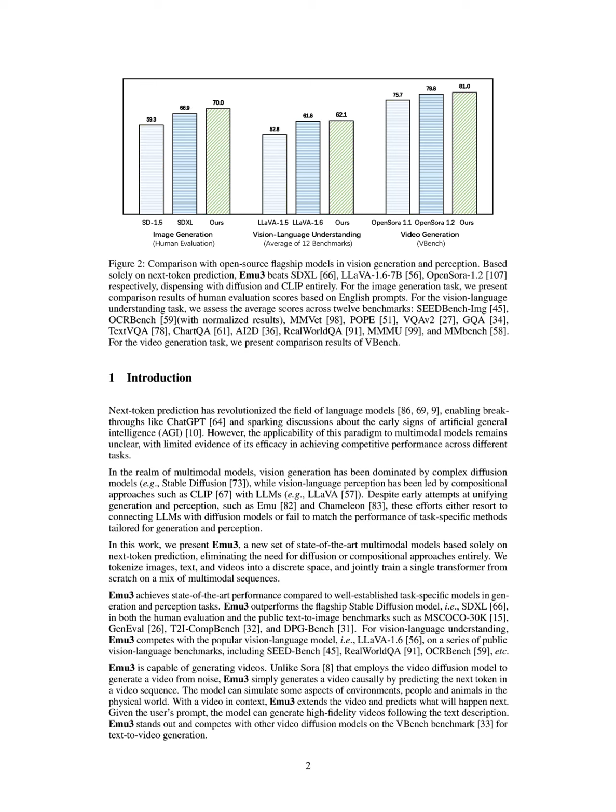Additionally, while Emu3 demonstrates competitive results against state-of-the-art diffusion models, it does not achieve the same level of performance as these models in certain contexts, particularly in generating high-resolution images and videos.